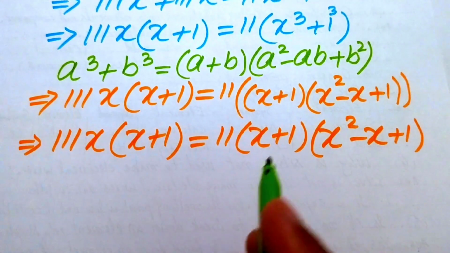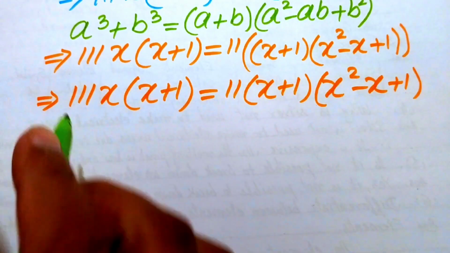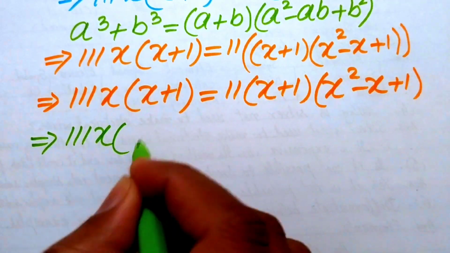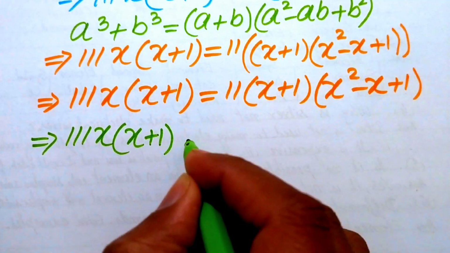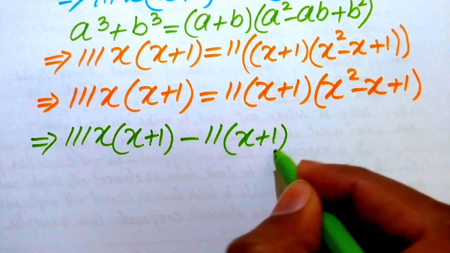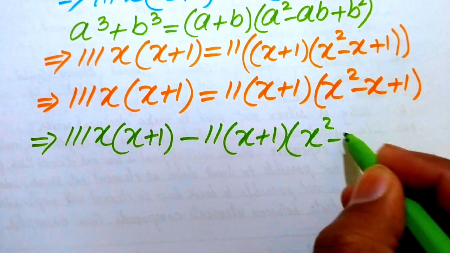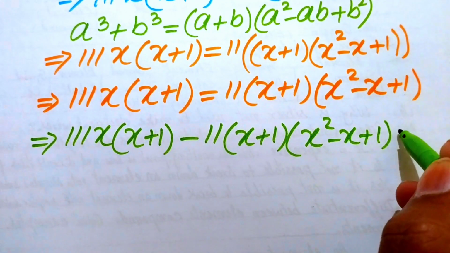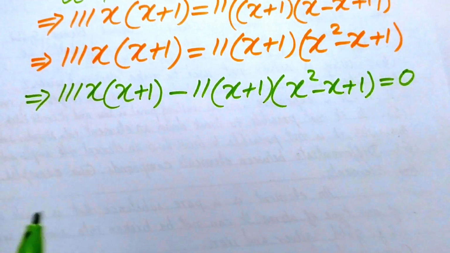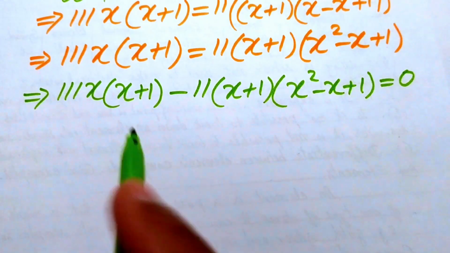So we move all these terms to the left hand side and we get 111x into x plus 1 minus 11 times x plus 1 into x square minus x plus 1 equals 0.